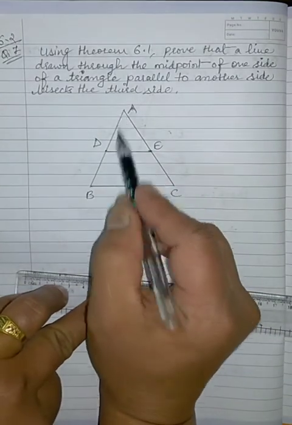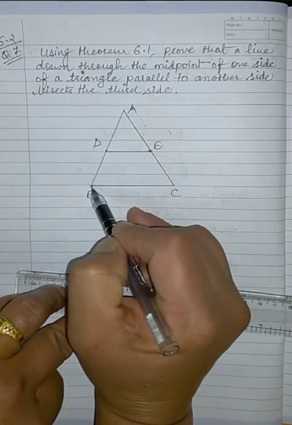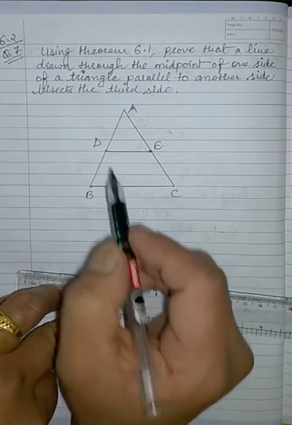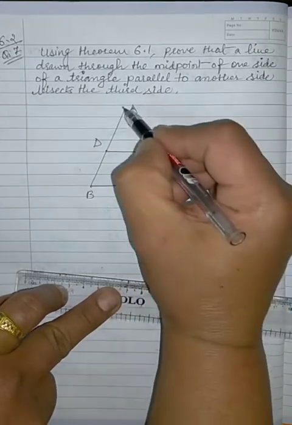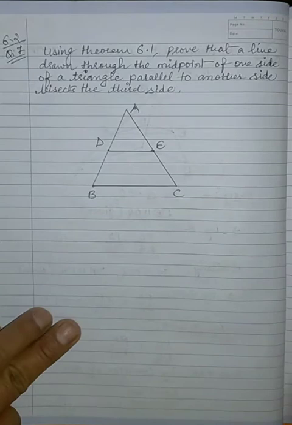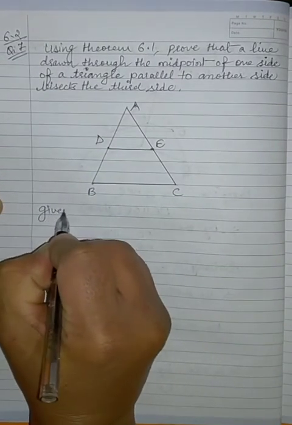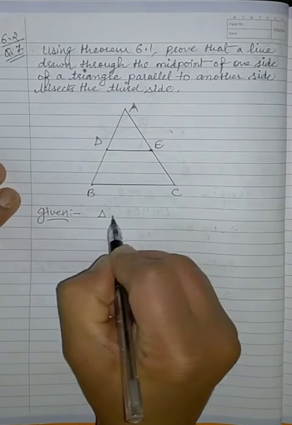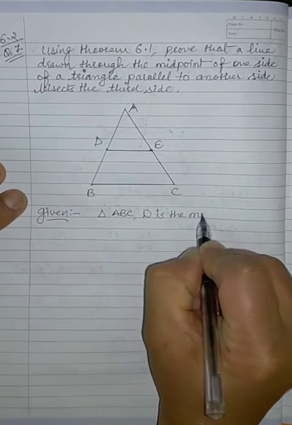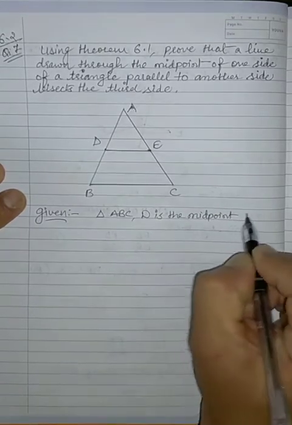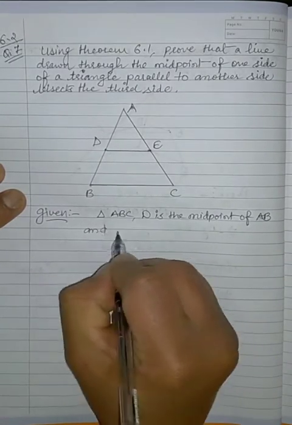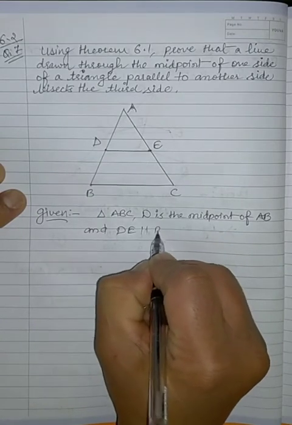So what we are given is that D is the midpoint of AB, DE is parallel to BC, and we have to prove that this DE is bisecting AC, that is E is the midpoint of AC. So given: triangle ABC, D is the midpoint of AB and DE is parallel to BC.